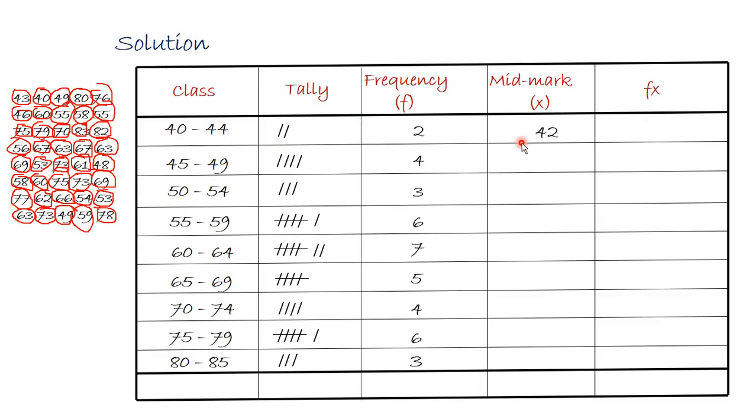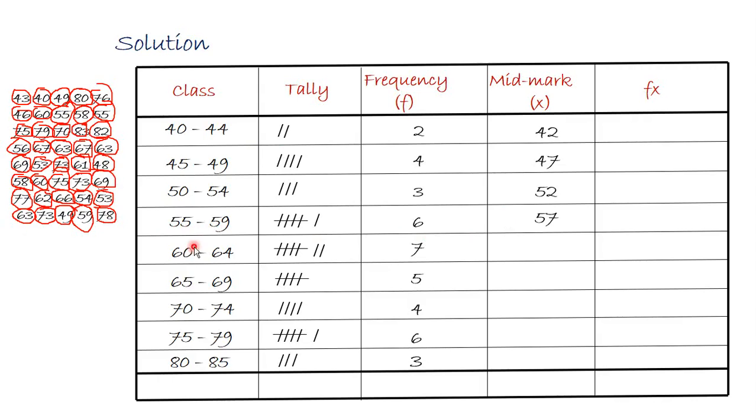Then next is 45 plus 49 divided by 2, that is 47. The next is 50 plus 54 divided by 2, that is 52. The next is 55 plus 59 divided by 2, that is 57.